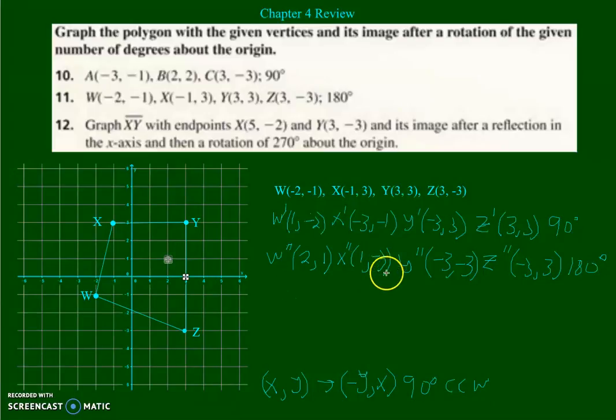Then we have 1, negative 3. Negative 3, negative 3. And negative 3, 3. Okay, so we can go ahead and connect those points.